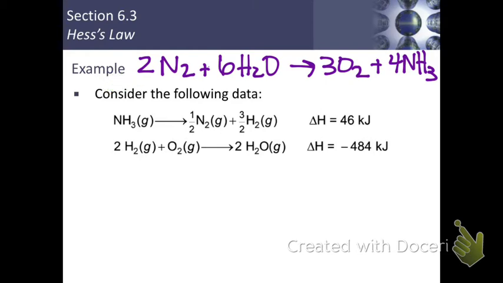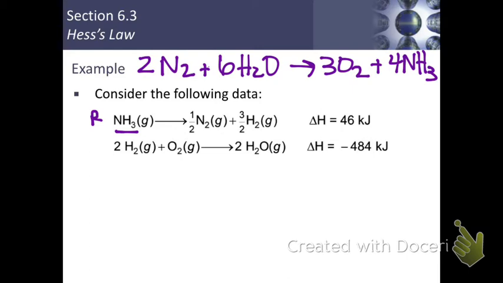Okay, so I want to look over my mini reactions and see what are some of the things that I need and where do I need them to be, right? I see NH3 right here, but I need it to be a product. Right now it's a reactant. So I'm going to write a little R right here so I know I'm going to have to end up reversing that, right?